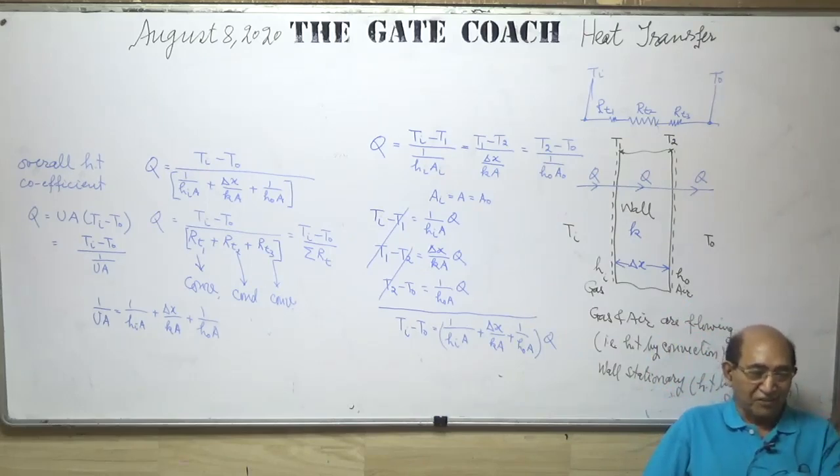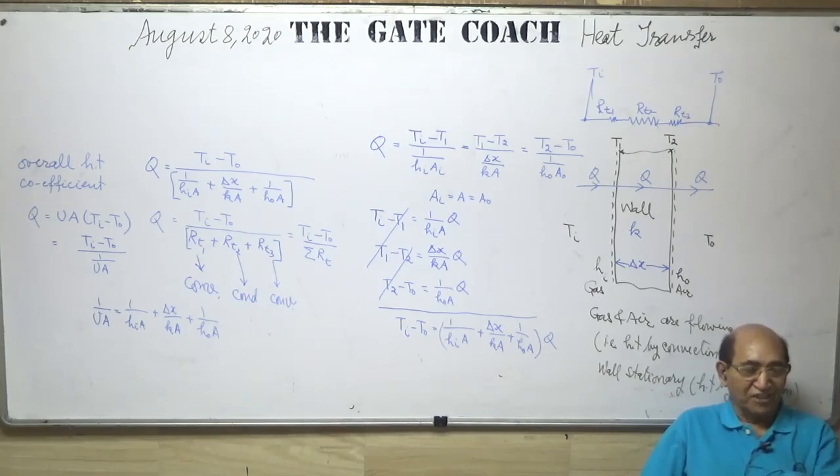On one side you are having air, other side you are having gases. Imagine that this wall was that of a furnace. Outside the wall, air was moving. Inside the wall, gases are moving. So for gases and air, since the flow is there, it is by convection. So this is the example which I am taking.